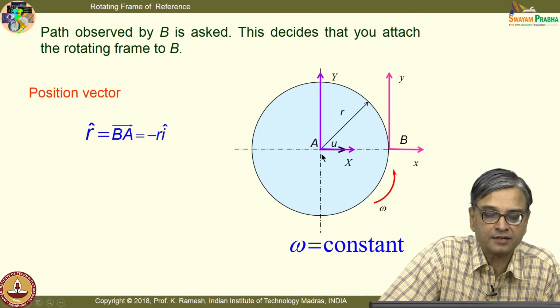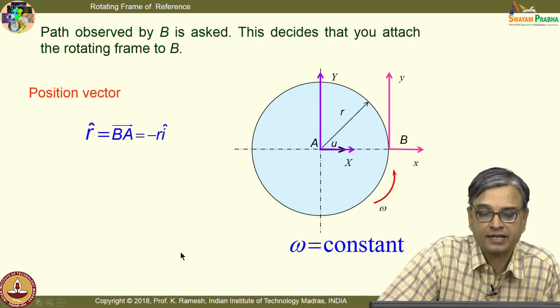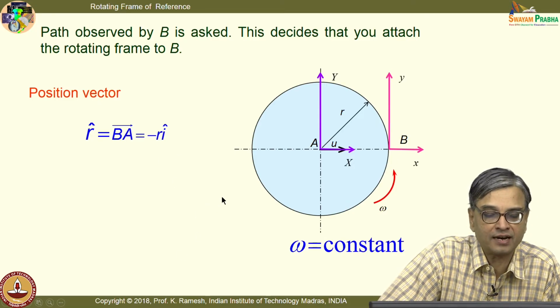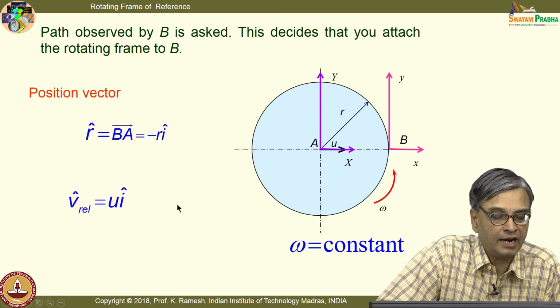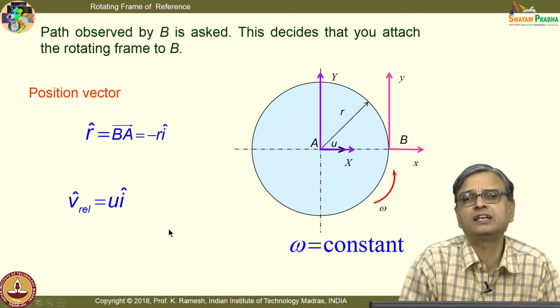R is BA, and then it is minus R I. I am taking the rotating frame of reference as the basis for all my calculations. So, it is minus R I, and I have V_rel is u I, very clearly given in the problem statement.